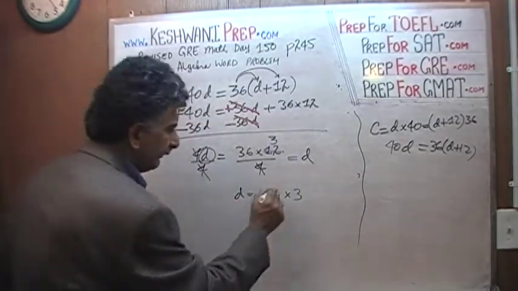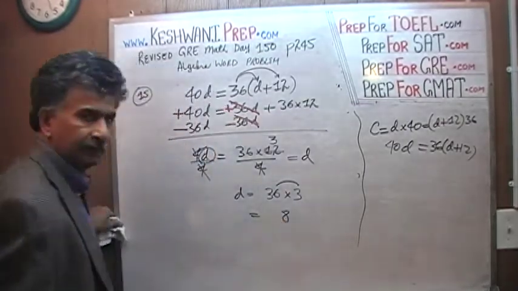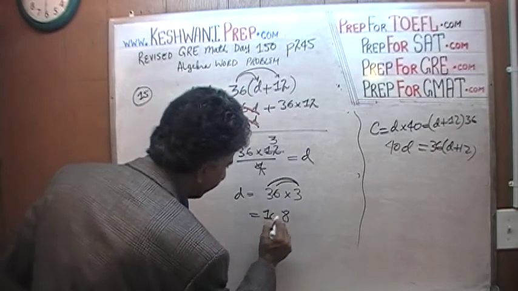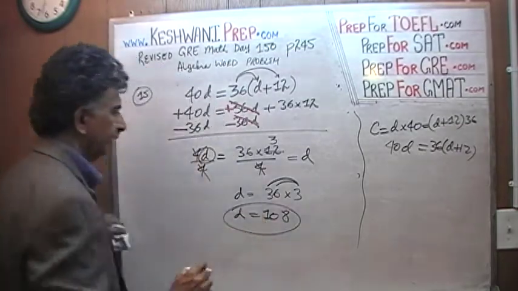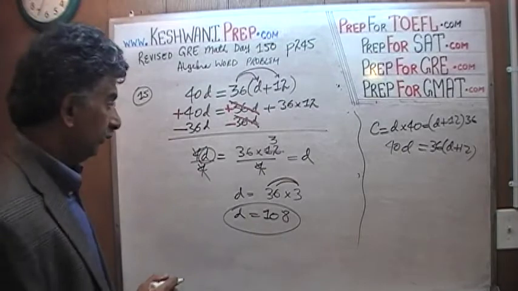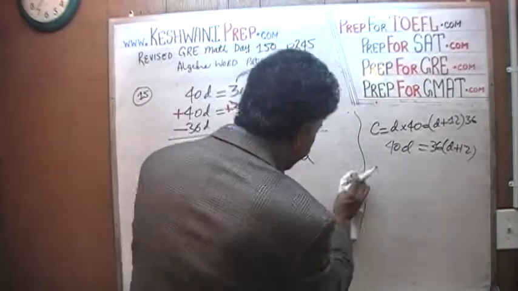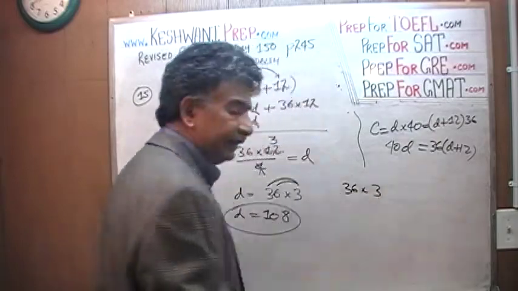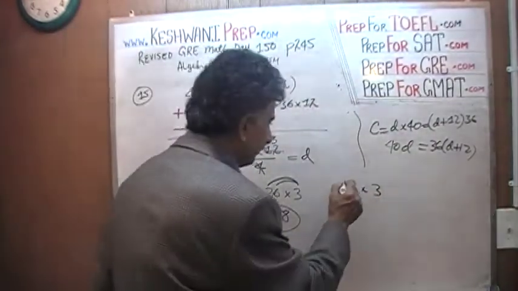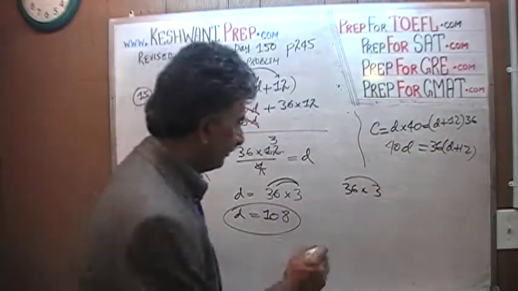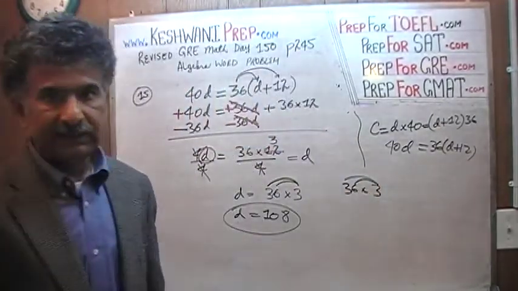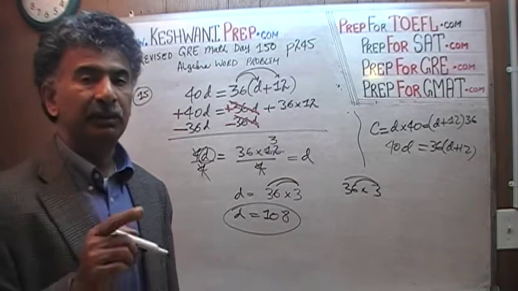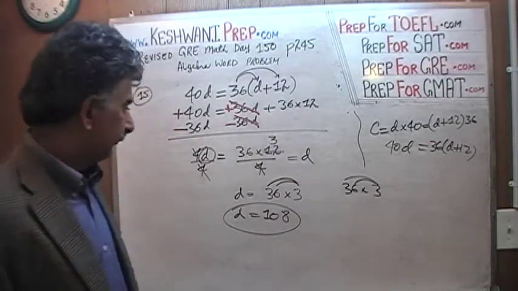I know that 6 times 3 is 18, carry 1, and 3 times 3 is 9, so it's 10. Or if you want to think about it a little bit differently, 3 times 30 is 90, and 3 times 6 is 18. 18 plus 90 is 108.